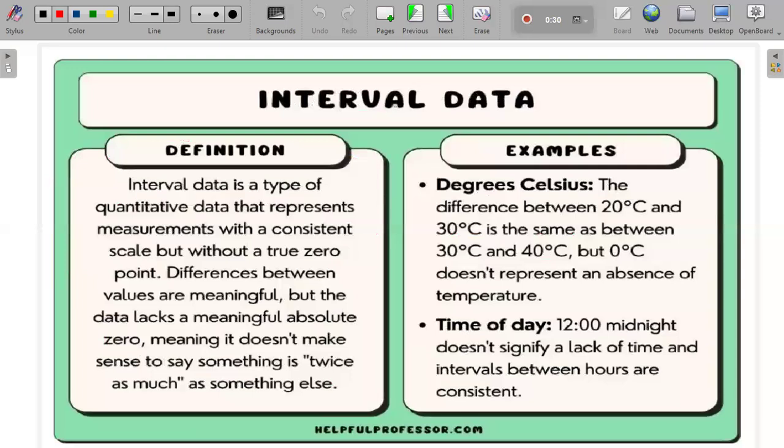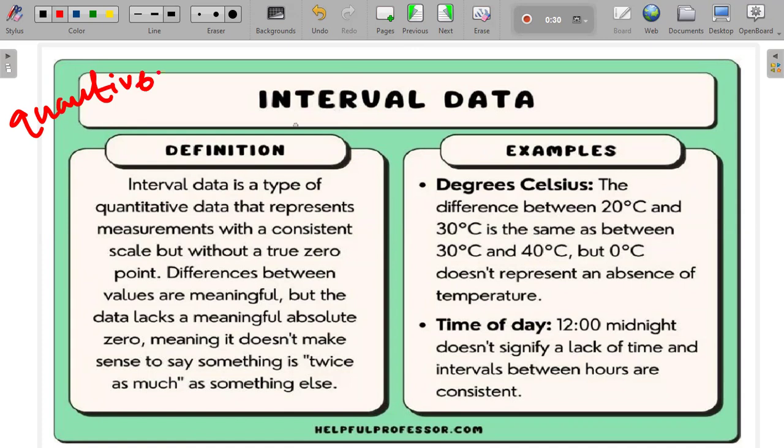And then the other one is what? The previous two, the ordinal and the nominal, are categorical data, or qualitative data. And then these ones here, the interval, and we're also going to talk about the ratio, are what? Quantitative or numerical data.